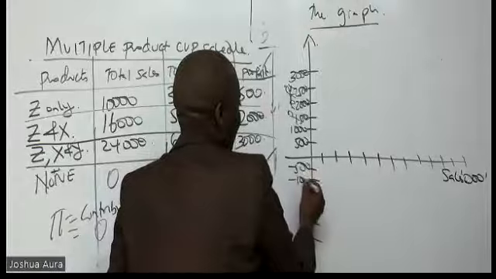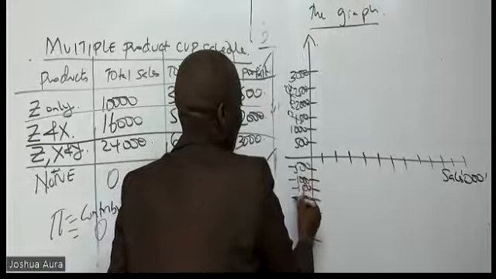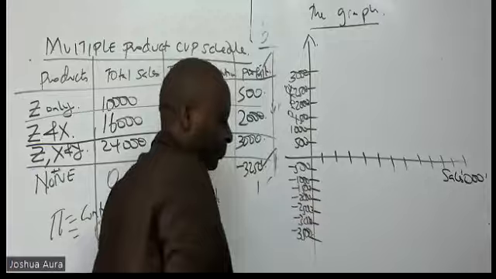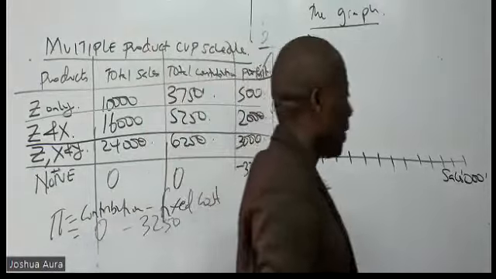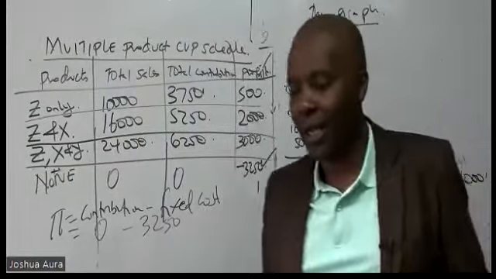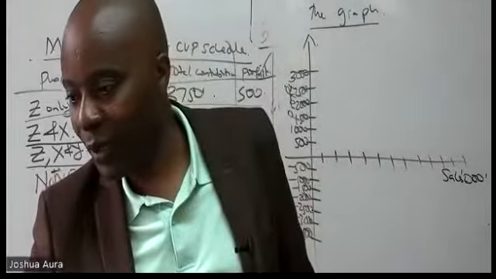Minus 500, minus 1,000, minus 1,500, minus 2,000, minus 2,500, minus 3,000, and then we have minus 3,500 like that. Great. And then now you shall be able to post.